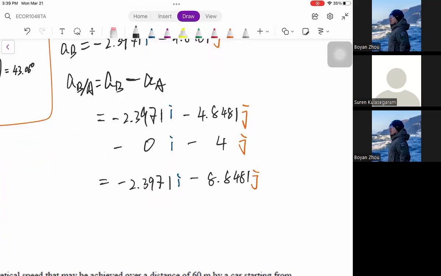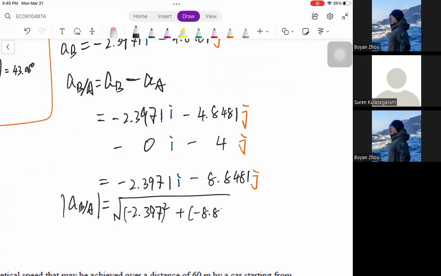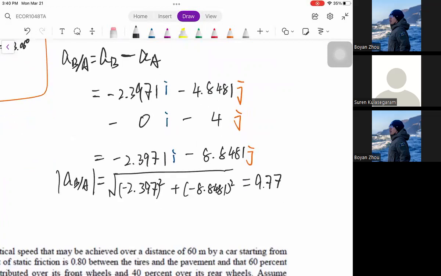Also, this is in the vector form. If you want to write it in the normal form, we're just finding the magnitude and also the direction.